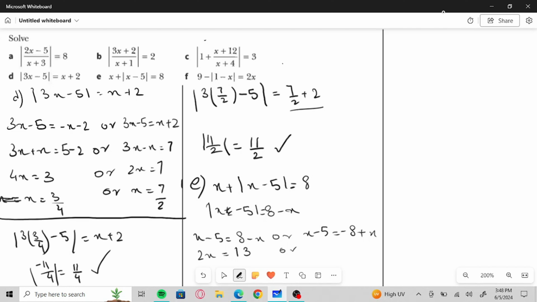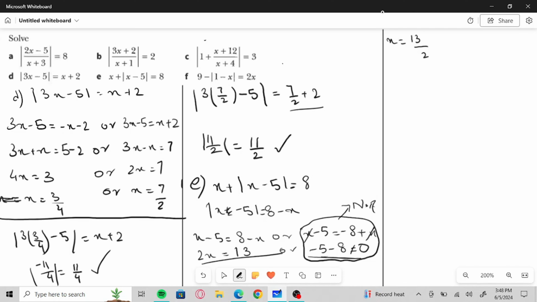And if we go on to this single 2x is equal to 13, we say x is equal to 13 upon 2. When it's 13 upon 2, we again input this value into the question. We say 13 upon 2 plus the modulus of 13 upon 2 minus 5 is equal to 8. Inputting this into the calculator, 13 upon 2 minus 5 gives 3 upon 2.